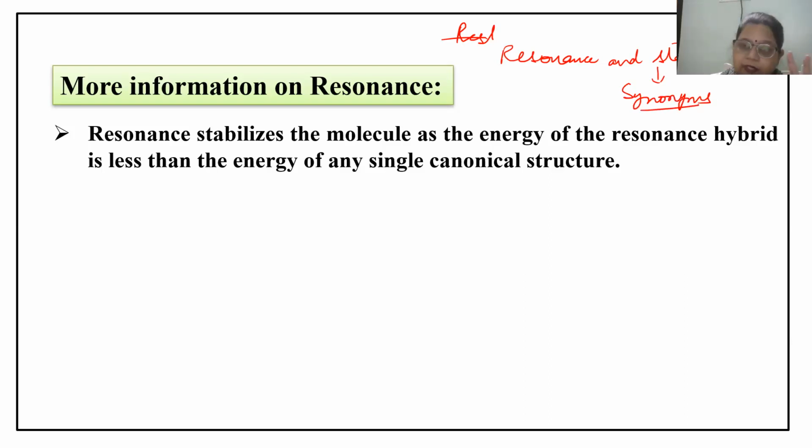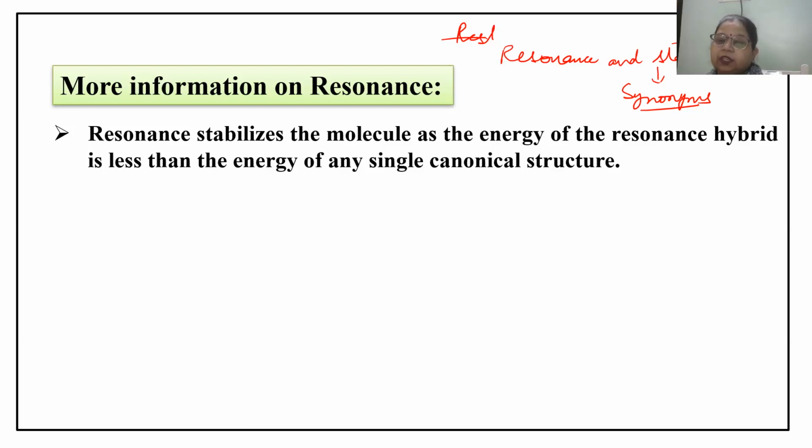Whenever the term resonance comes, you have to understand, without saying it, that it is stable. In organic chemistry, we say benzene is resonance stabilized. This will solve many of your questions and queries in class 11th as well as class 12. So please remember, resonance and stability are synonyms, right?